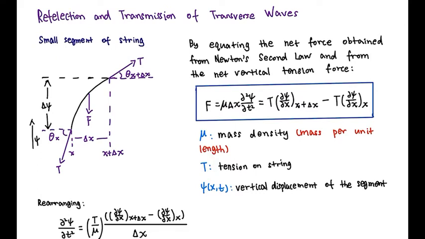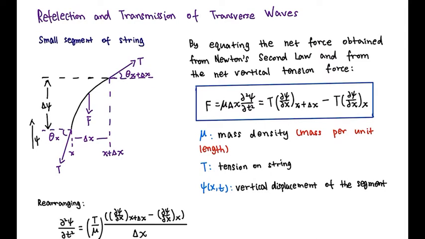Before jumping into the discussion directly, the concepts of mass density, impedance, and boundary conditions will be introduced first. Let's consider an oscillating string and think about the driving force acting on it.